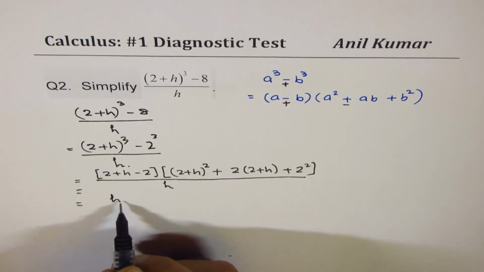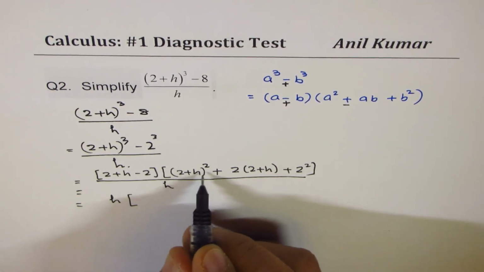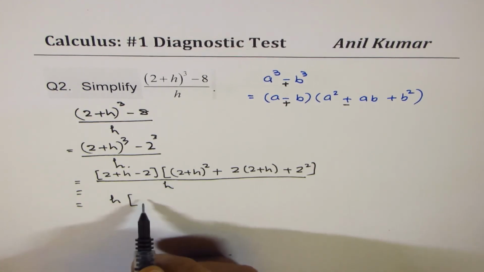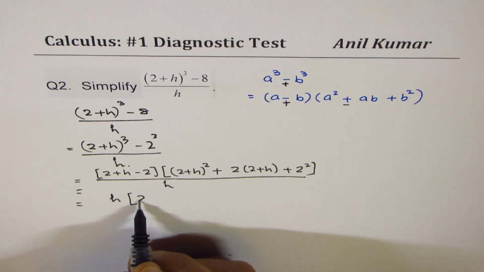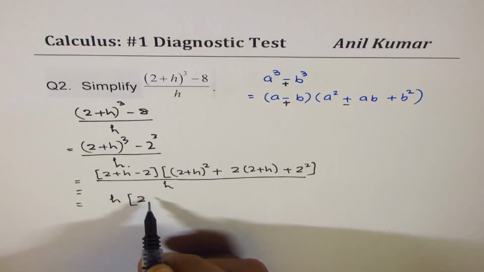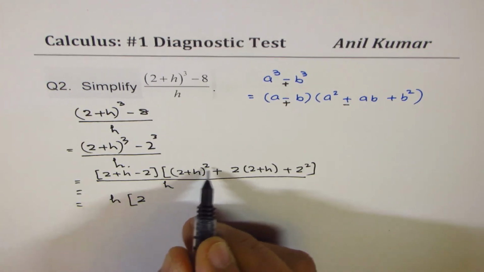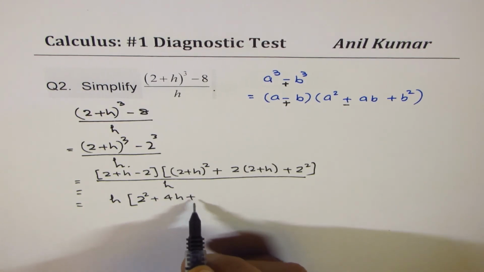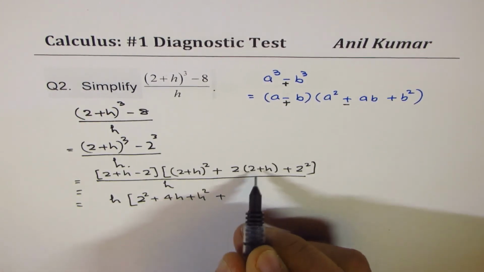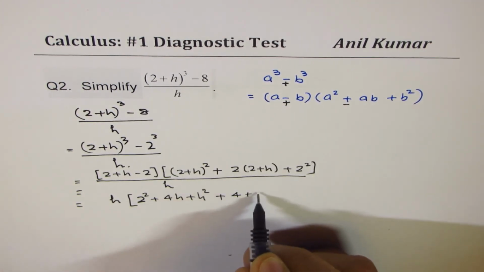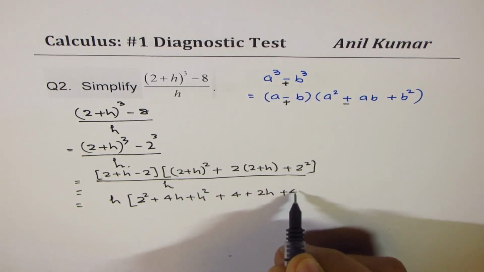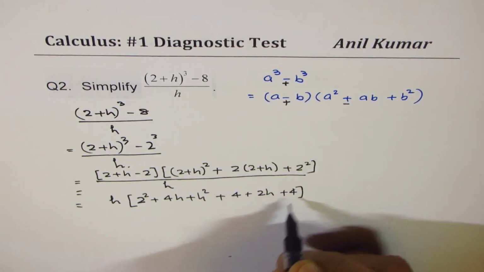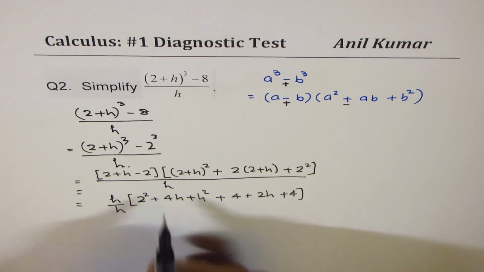So we have only h here, times (2 plus h) whole square, which is 2 square plus 4h plus h square, plus 2 times 2, 4 plus 2h plus 4, correct? Over h, over this h.